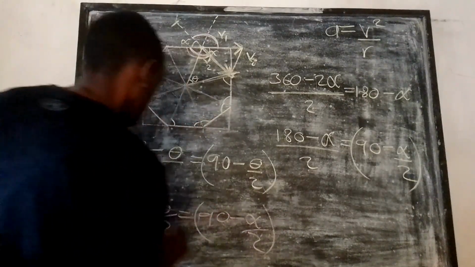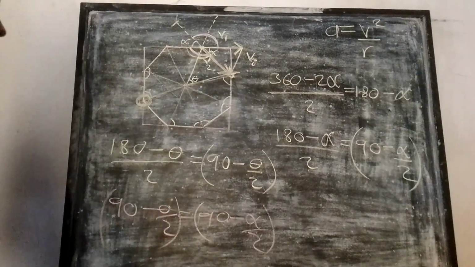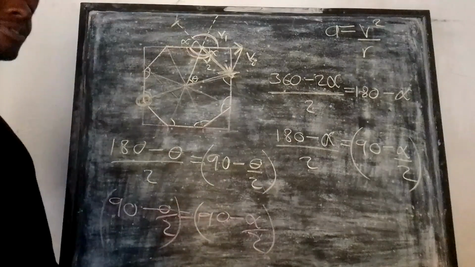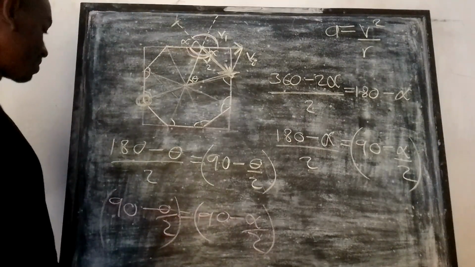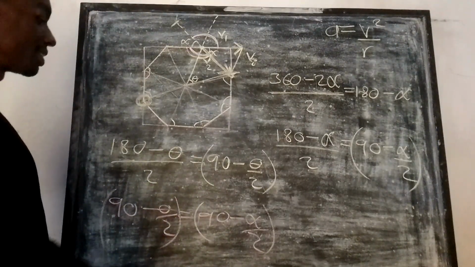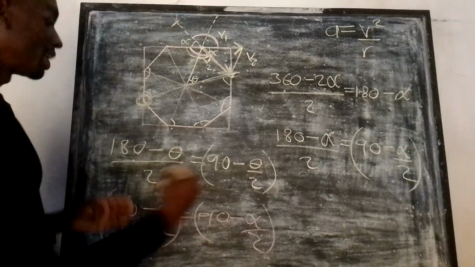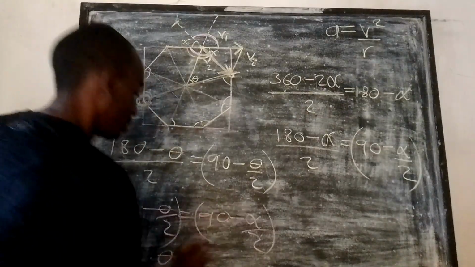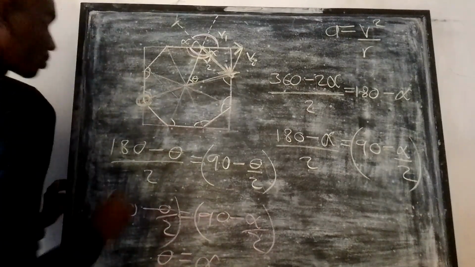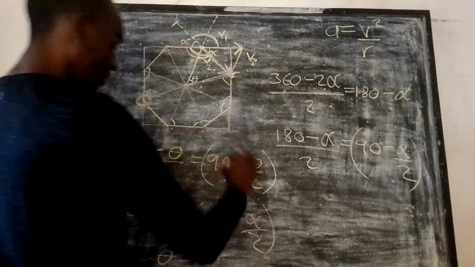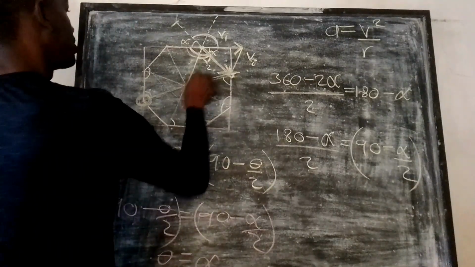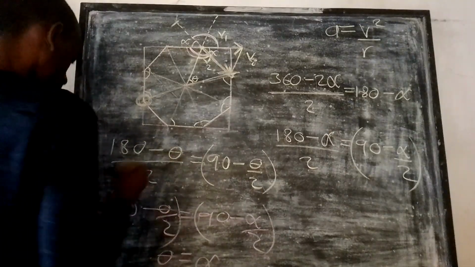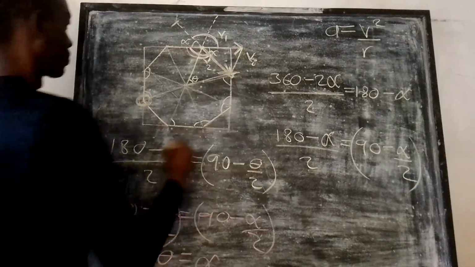I'm sure you now see where I'm getting with this. 90 over here vanishes, 90 over here vanishes, this negative sign vanishes, this negative sign vanishes, this half over here vanishes, this half over here vanishes, and we're simply left with theta is equal to alpha. So in this case, what I was simply trying to show is that theta over here is equal to alpha over here. Now, I forgot something essential.